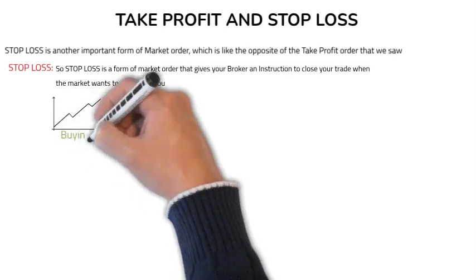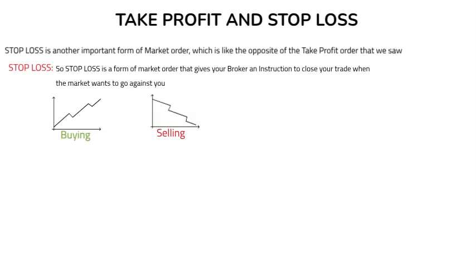The market is always going up and down, and sometimes news may pop up and sway the market in the opposite direction in which your trade was planned. But with a stop loss order, immediately the market wants to change and go the opposite direction, your broker would close the trade for you through your MT4, even if you are not online.